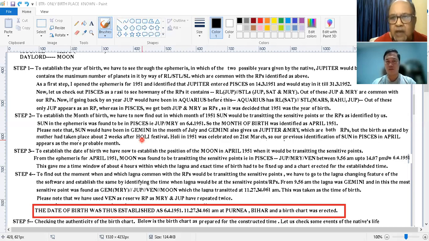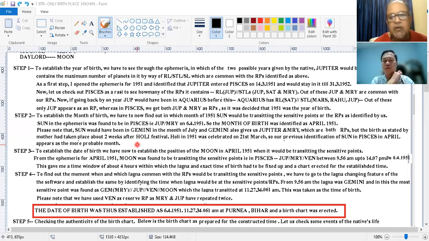That year, Google told me, it was celebrated on 21st March, and 15 days after Holi, it becomes April. For April, we are getting Jupiter and Mercury as the star lords in Pisces, where the Sun would be. So we have to fix April 1951 as the month of birth.